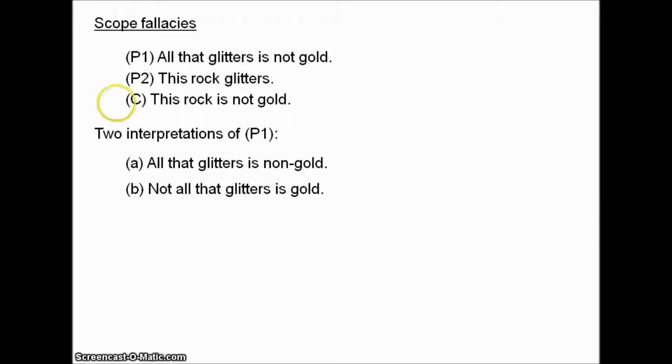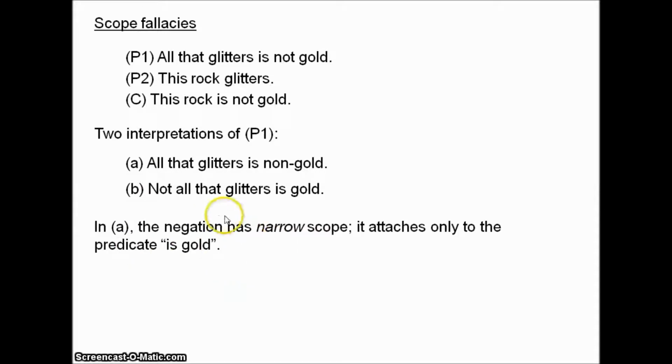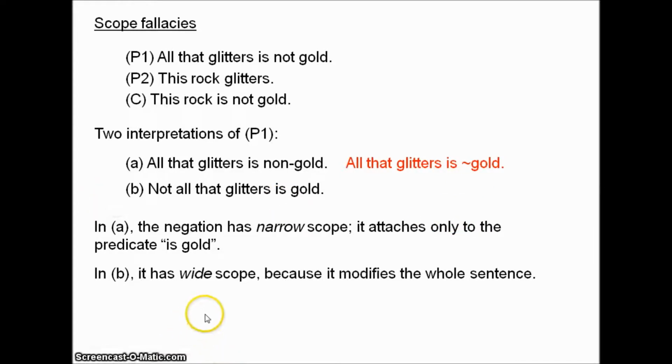Anyway, the point is, interpreting the first premise as B, as it should be interpreted, we can see that the argument is invalid. Now, in A, we say that the negation operator has narrow scope. It attaches only to the predicate "is gold". So, like this: all that glitters is not gold. In B, the negation has wide scope because it modifies the whole sentence.